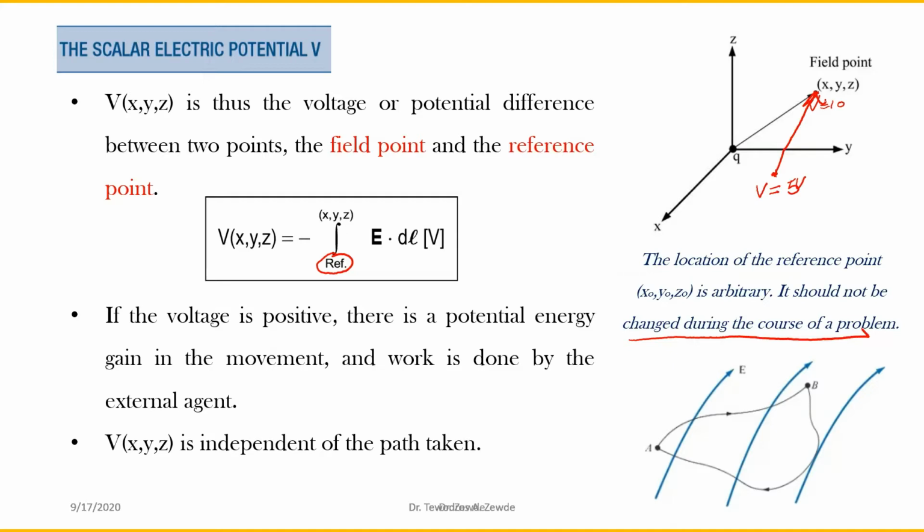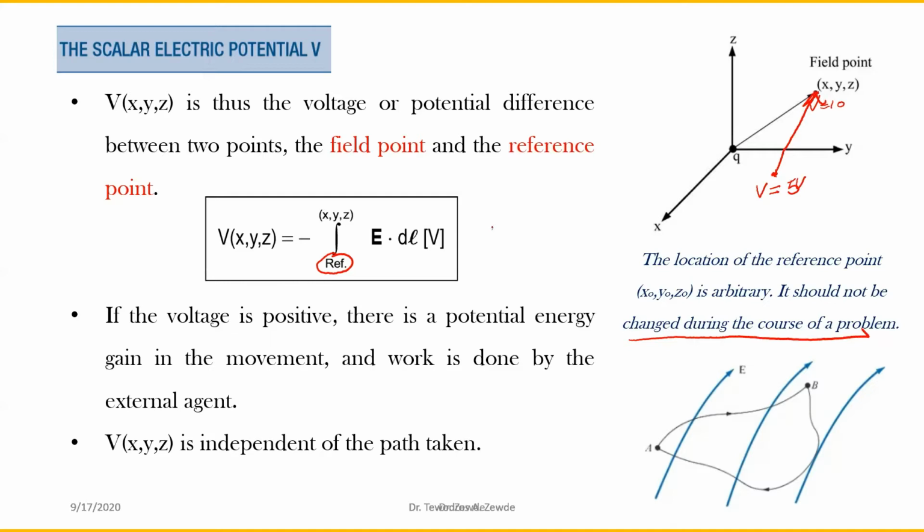So if we know the electric field vector, then we can determine the potential at any point in space or in that region. The other thing is the electric potential at a point is always independent of the path taken. There are many ways to go from one point to the other.